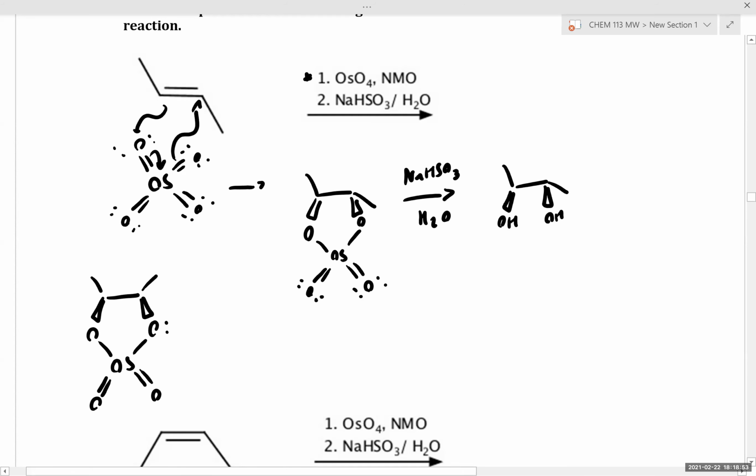So in the first step in this case, what we're going to do, let's see. Currently these are under slightly basic conditions. So you can have an equivalent of hydroxide attack your osmate ester.